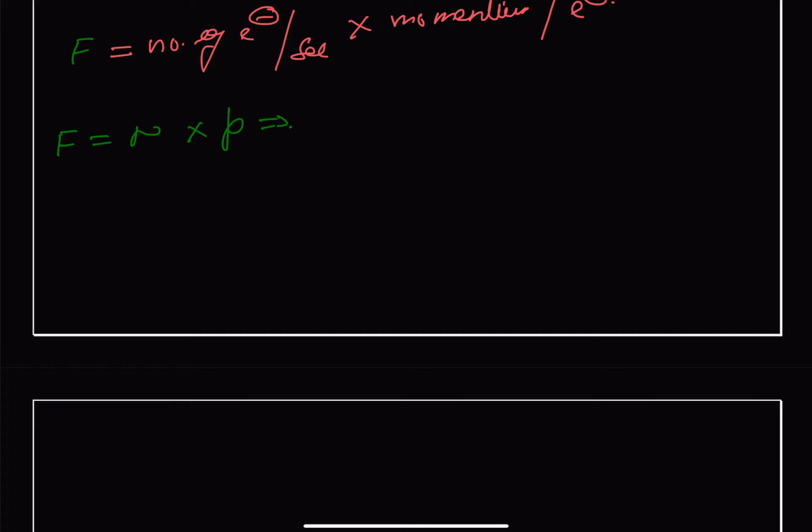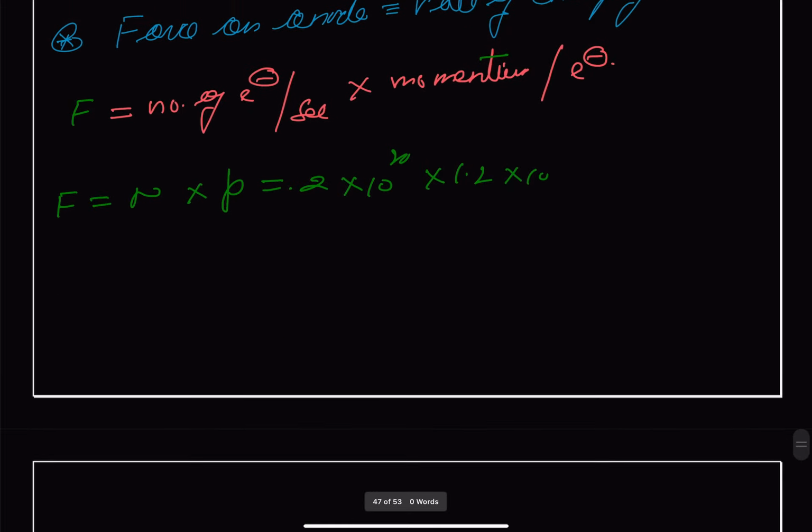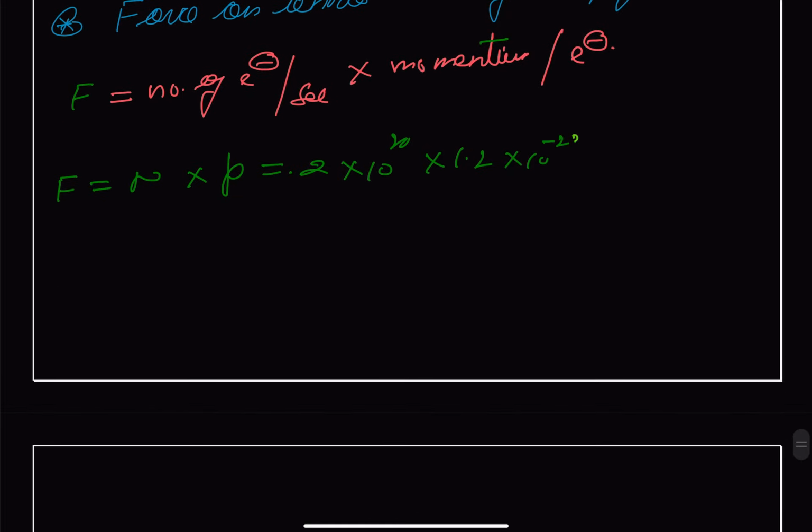This comes as equal to 2 into 10 to the power 20 multiplied by 1.2 into 10 to the power minus 23. And this comes as 2.4 into 10 to the power minus 3.